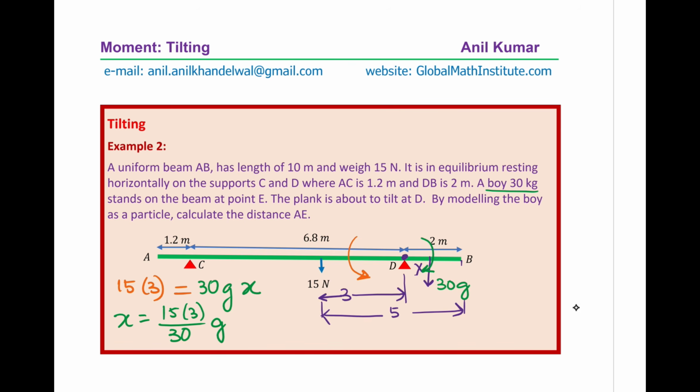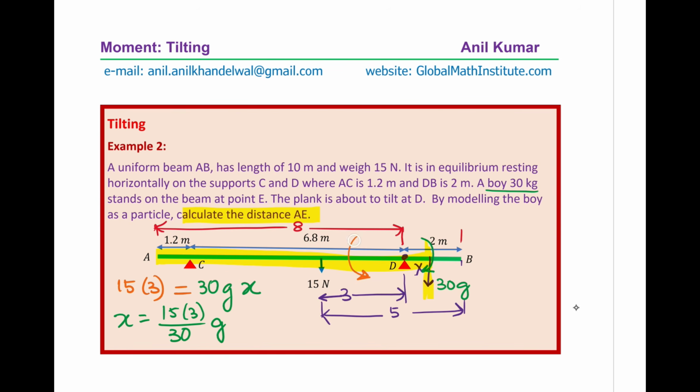Now the question was saying to calculate the distance AE, right? So we wanted to calculate the distance from A to E, that is from A to this particular point. And we can subtract: this distance here is 2, total length is 10. So 8 is all this distance from A to this particular point, correct? Avoid these decimals.